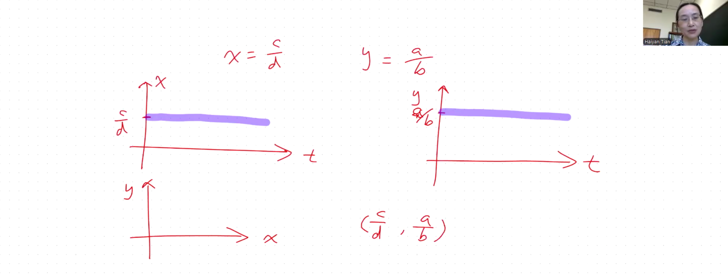So this pair must be a point, right? So it is X equals C over D, Y equals A over B. So this is the point. I'm going to make it a little star. That's the point.